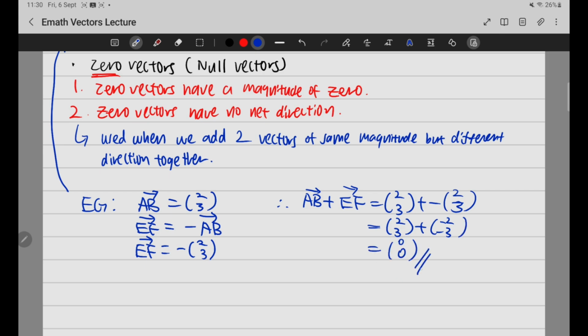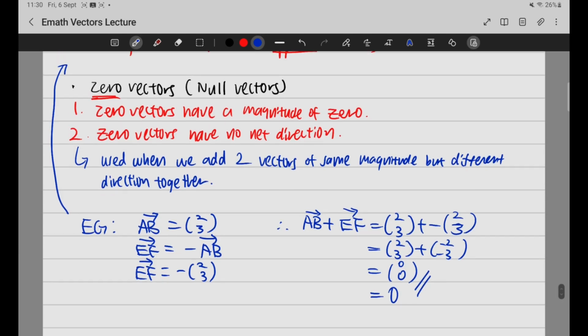And therefore, this is a zero vector. That means there is no resultant vector, and no resultant vector can be expressed as 0. So this is the concept of zero vectors.